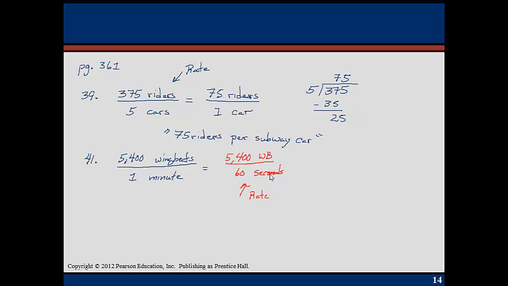And we need to write it as a unit rate, so we're going to do 5,400 divided by 60. And we end up with 90. So 90 wing beats per second.